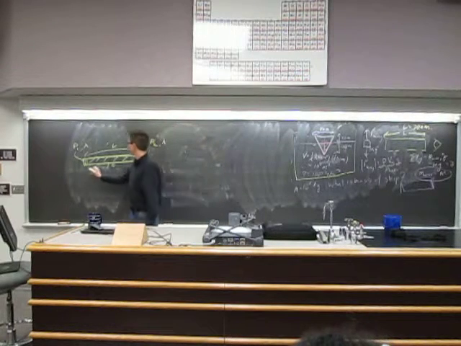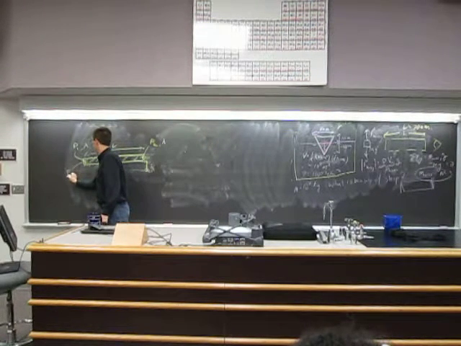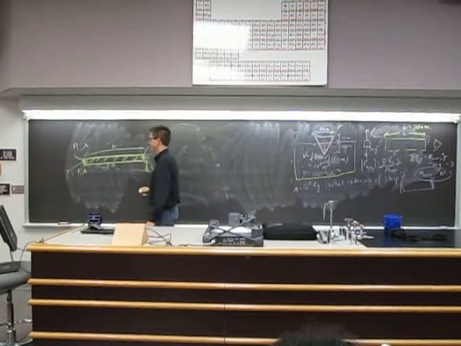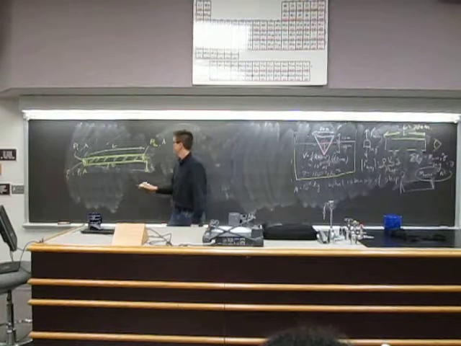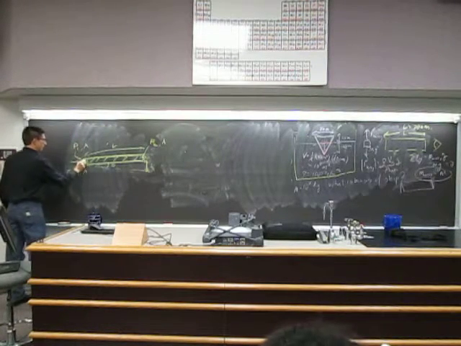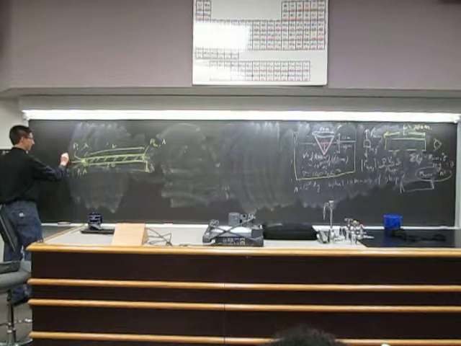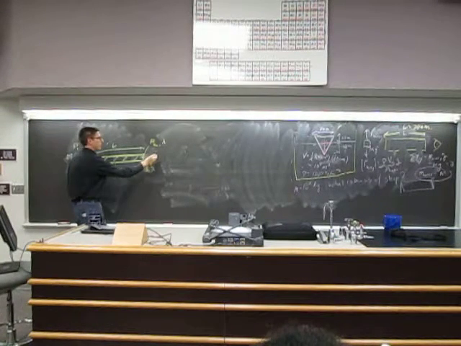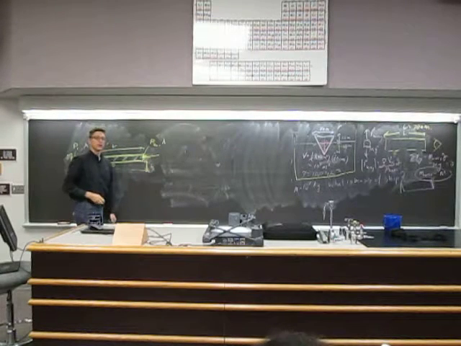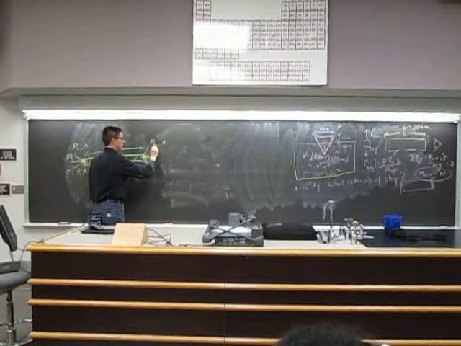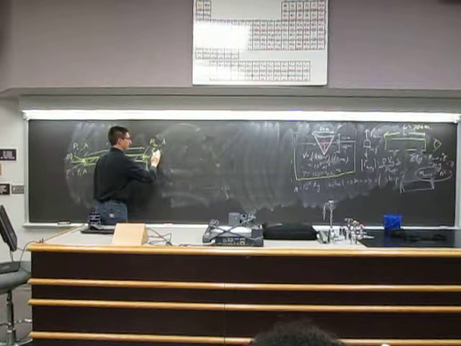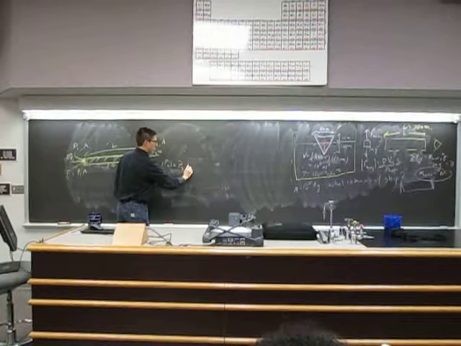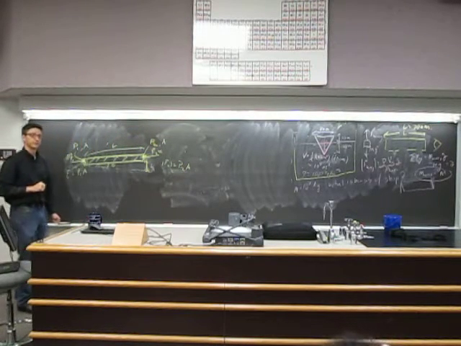So the magnitude of force would be P1A, and that points in this direction, straight up along the pipe. Force on this end is that way, force 2. We're going to say that the magnitude of force 2 is P2A. Okay.